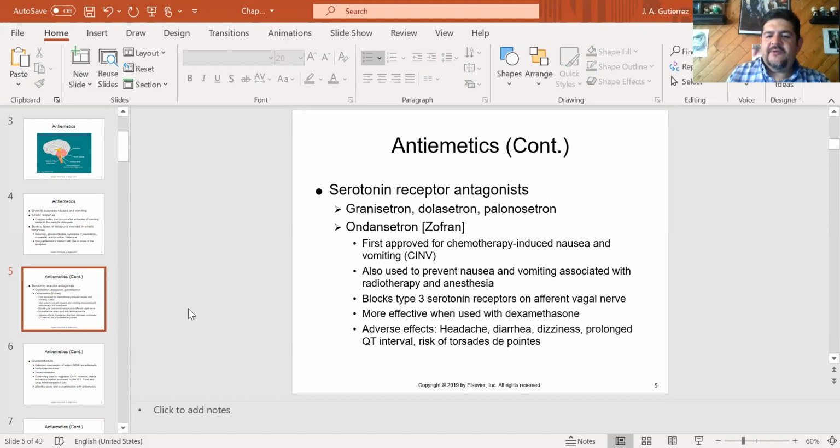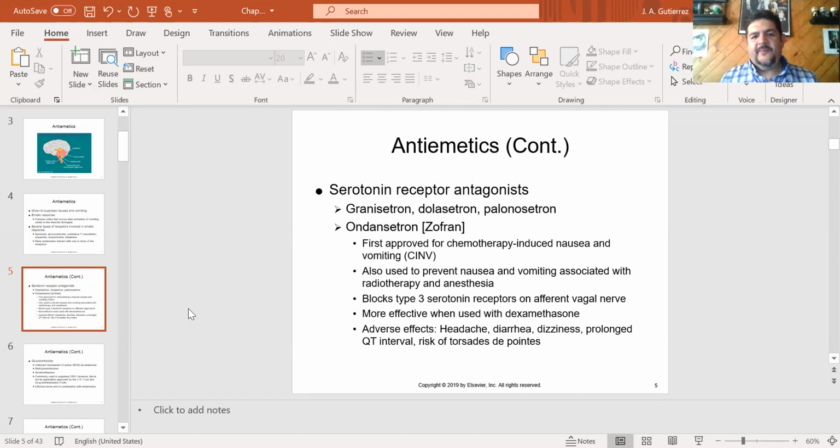Ondansetron is one of the most common medications used to prevent nausea and vomiting. The most common uses for ondansetron are chemotherapy and anesthesia, when the patient is coming back from anesthesia. So the two most common uses are to prevent nausea with chemotherapy and when the patient is coming back from the anesthesia.